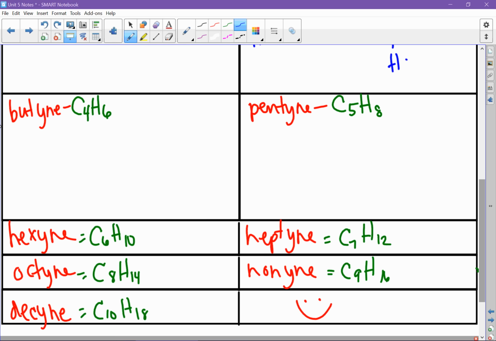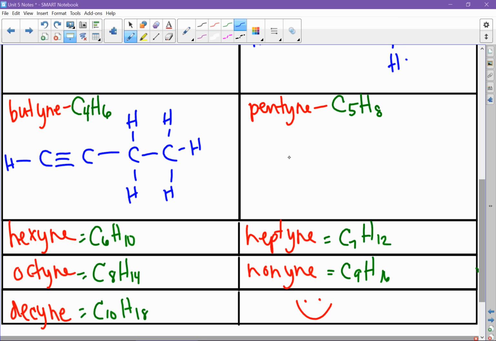Okay, I want you to try butyne and pentyne. So we have 4 carbons here. Put the triple bond anywhere, it doesn't make a difference. Then give every carbon 4 bonds. So I have 1, 2, 3, 4, 5, 6 hydrogens there.